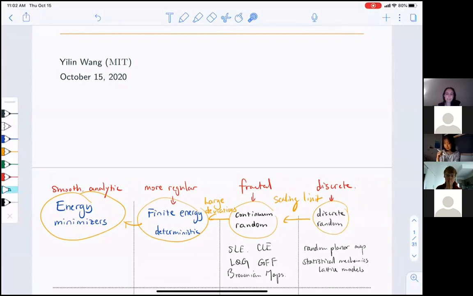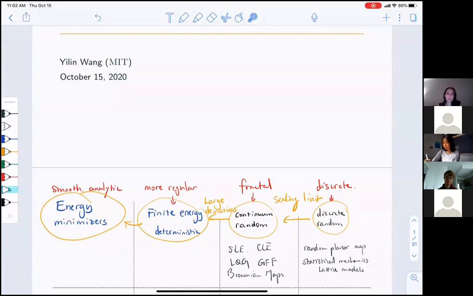And by that, I mean considering some large deviation principle of these systems, and they will give rise to a lot of quantities that are deterministic, and they're actually of interest in classical geometry, etc. And we can even do more. Then we can take a minimizer of those energies and get energy minimizers.